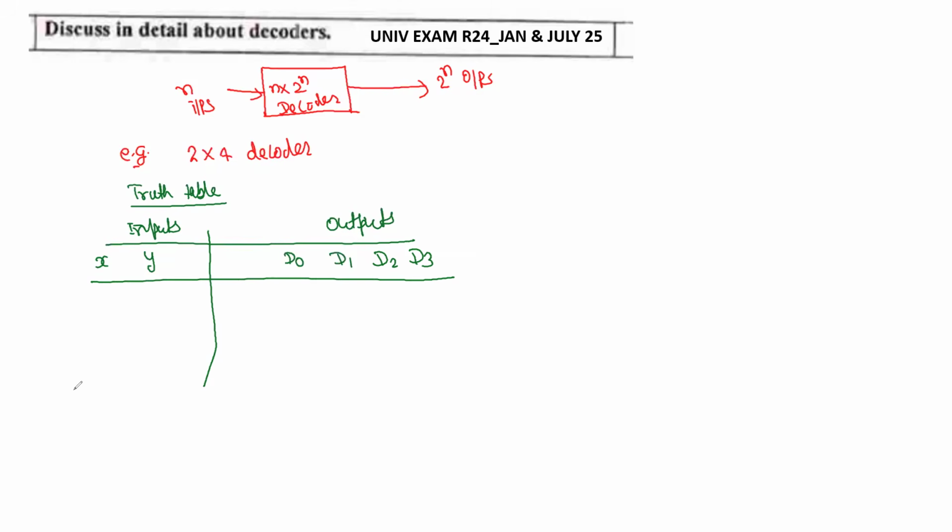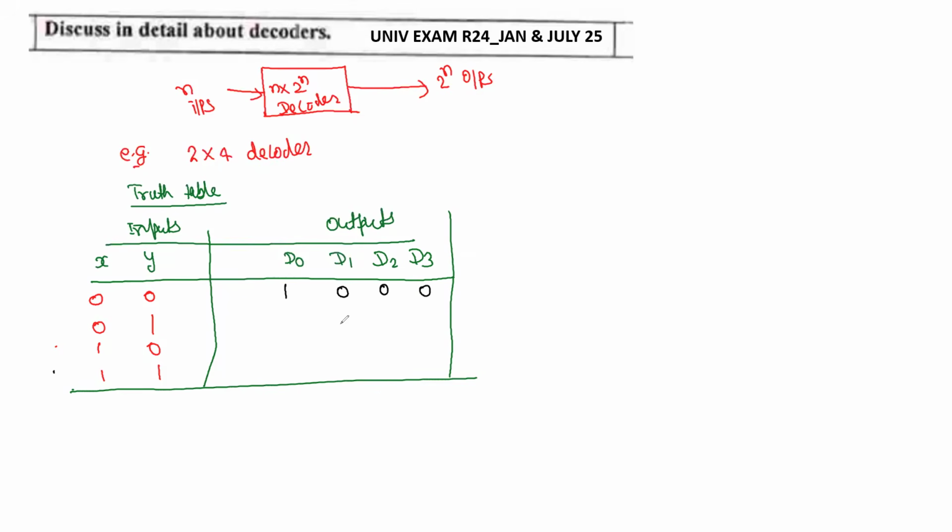So for that, how many combinations are possible with the help of two inputs? 4. So 0 0, 0 1, 1 0, 1 1. So now when the input is 0 0, D0 will be 1. Remaining outputs are 0.